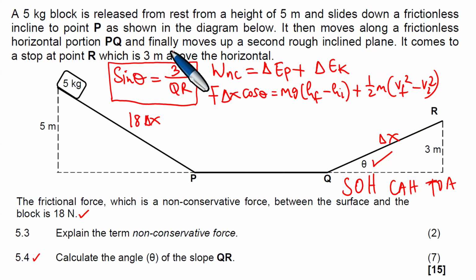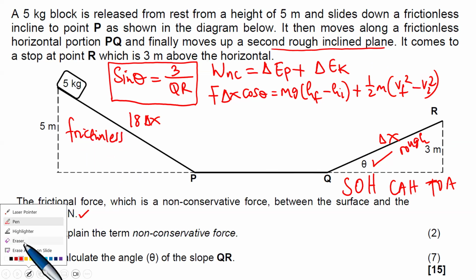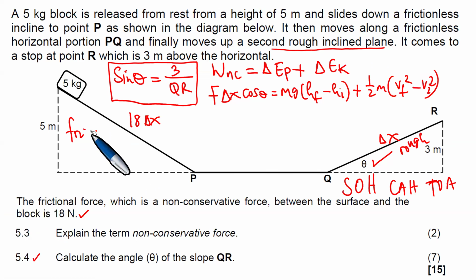PQ is frictionless, and finally moves up a second rough inclined plane. So here, this one is rough, but this one is frictionless.